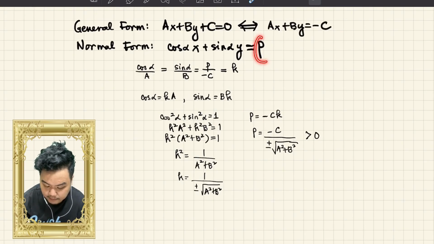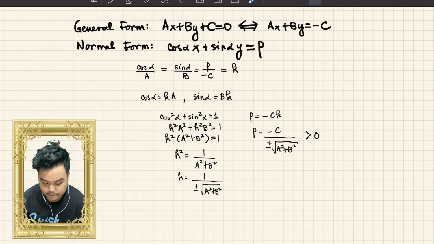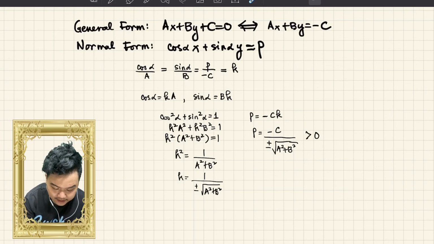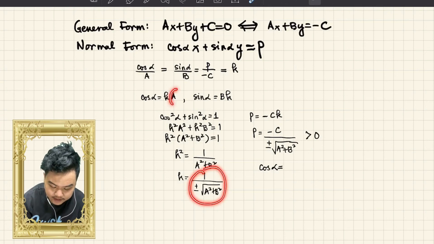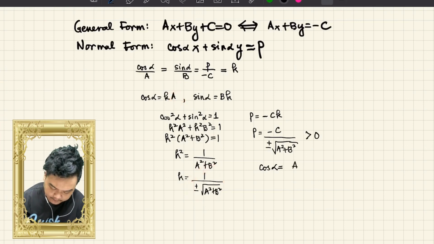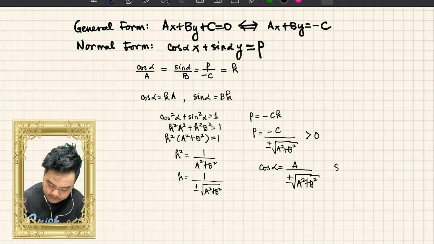Ito na yung part na iyon. Okay? At yung cosine alpha, saan equal ang cosine alpha? Ka. So, this is k times a. At sine alpha, b over plus minus square root of a square plus b square.